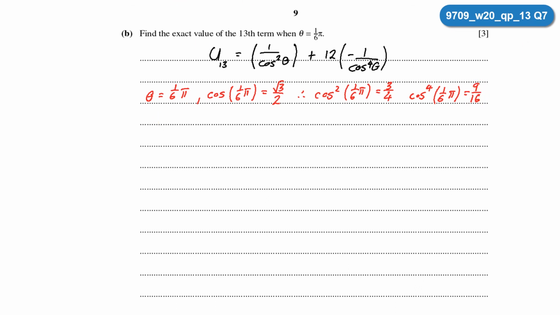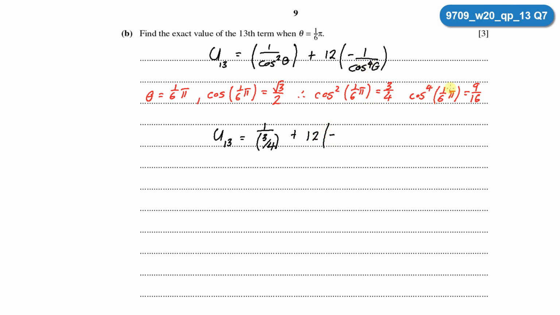So if we apply this here, then we have the 13th term coming out as 1 over cos squared theta, which is cos squared of a 6th pi, which is 3/4. So it's 1 over 3/4, and that's plus 12 of minus 1 over cos to the power 4 theta.